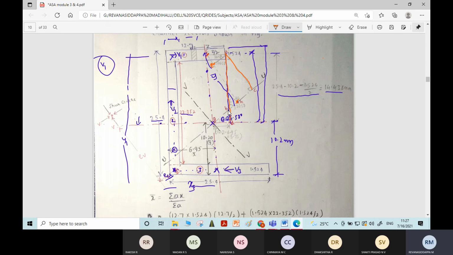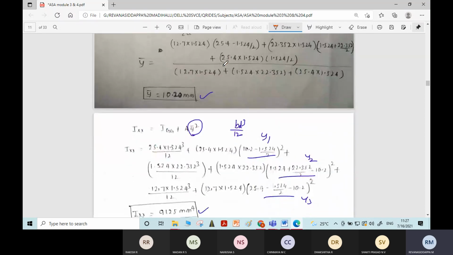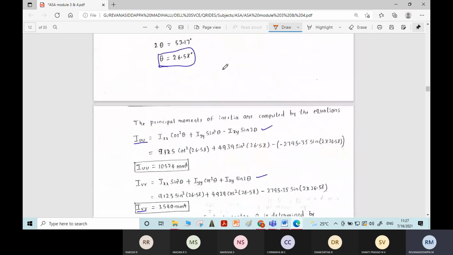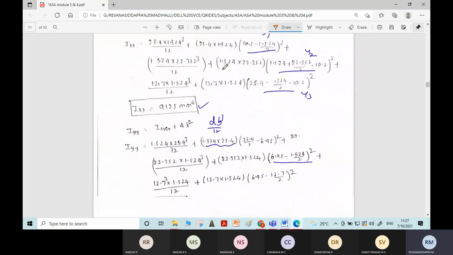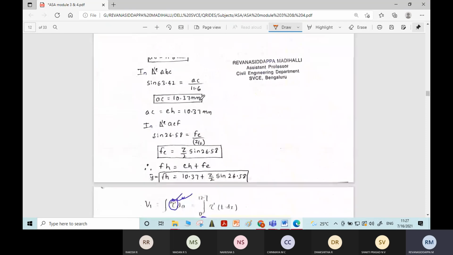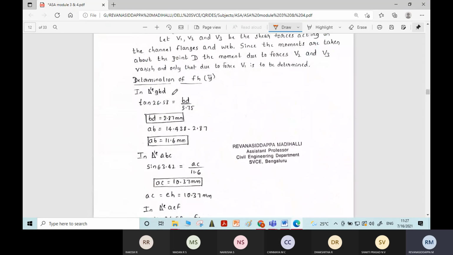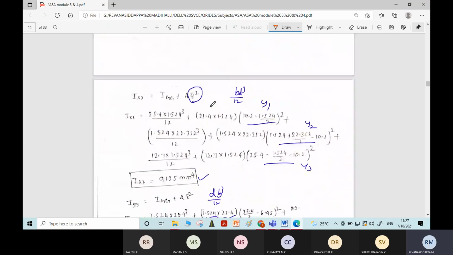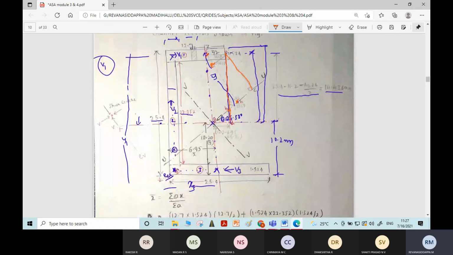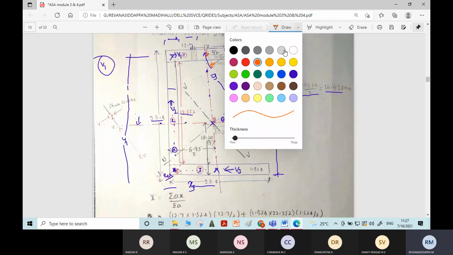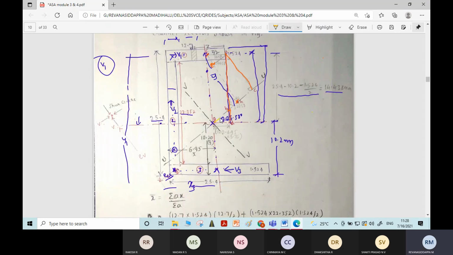One of them is the right angle triangle GBD, and this angle is known, that is 26.56 degrees.